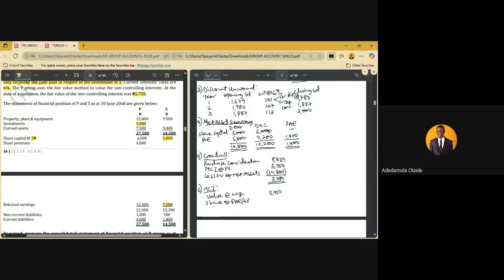They hold 40%. 40% of 1,400 will be what? 560. So that will give us how much in total? 6,310.